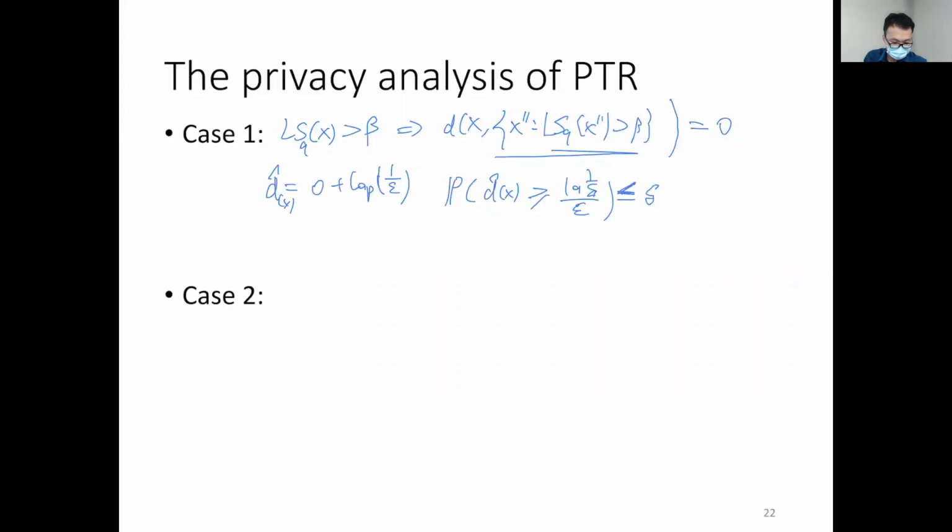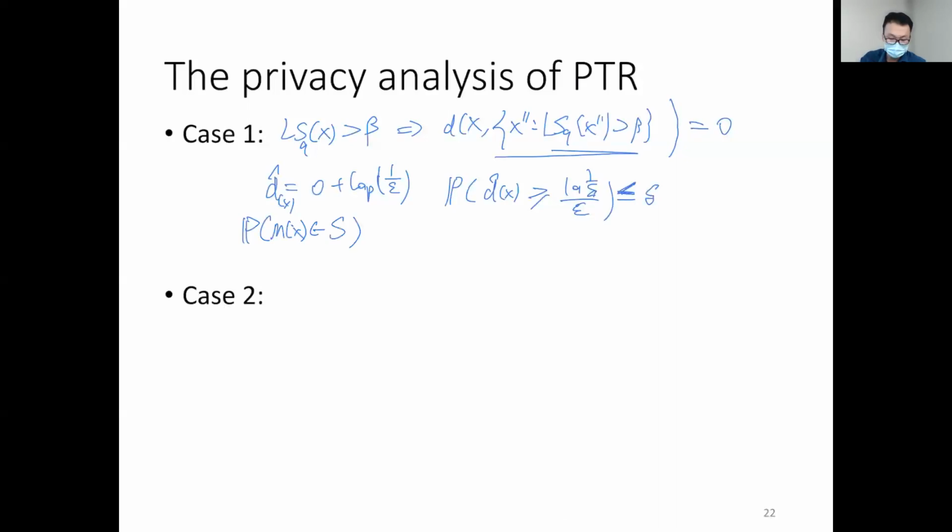Now let's try working out the definition of epsilon-delta differential privacy. Let's say that this algorithm, propose-test-release, is M, and we look at M of X being in some set S. What is the output space first of all?